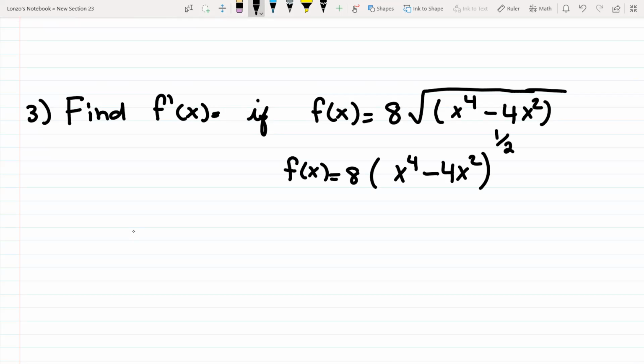So you have to use the power rule. f prime of x equals, 8 times 1/2 is going to be 4. And then you leave the inside the same.